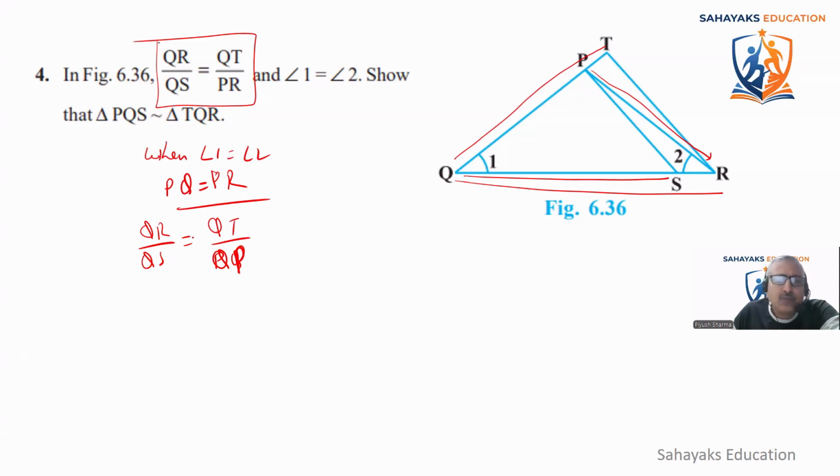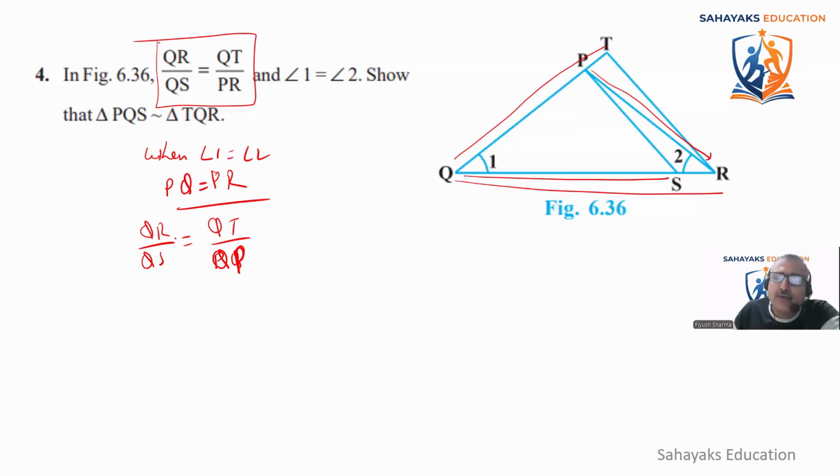Because it's complete side, this actually directly proves it. But anyways, I'll prove it in detail. For proving it in detail, what will I do? I'll write QR by QS is equal to QT by QP.